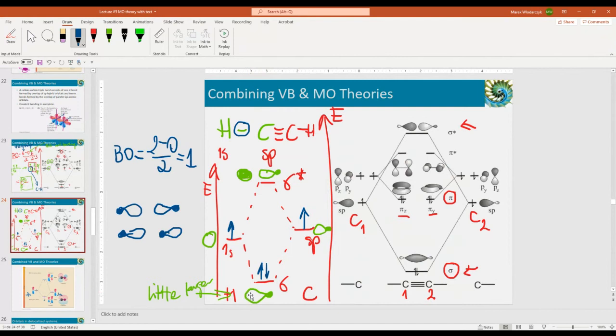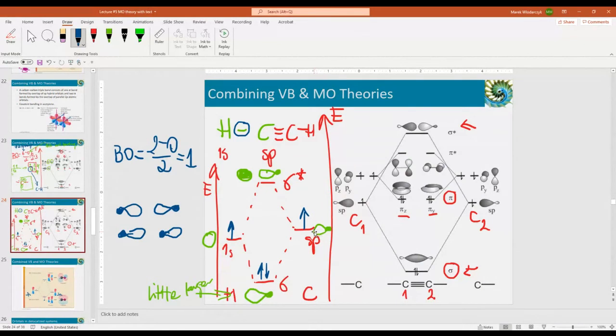So at the bottom, you have this bigger kind of empty or white region. That was made by interaction of this s orbital with this part of the sp orbital.